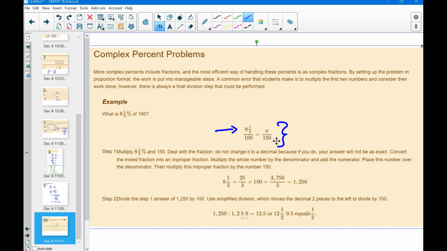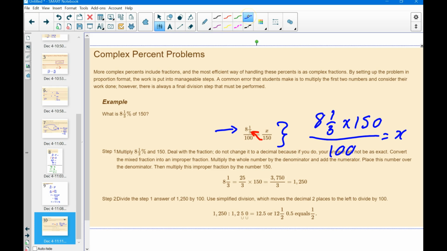But if we were doing cross multiply right now, it's going to be 8 1/3 multiplied by 150 over 100 equals x. Right? That's what it would look like. We just did the shortcut way, and we took the 150 and multiplied by that, solving for x.